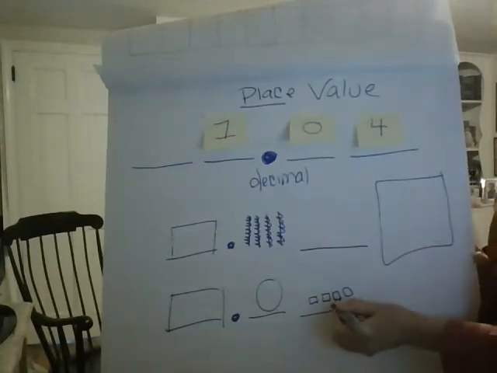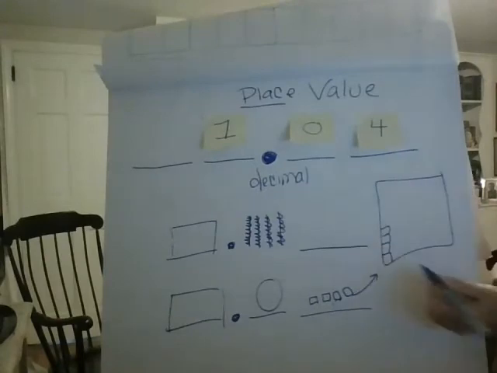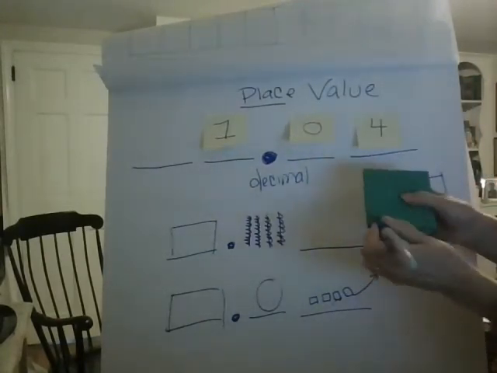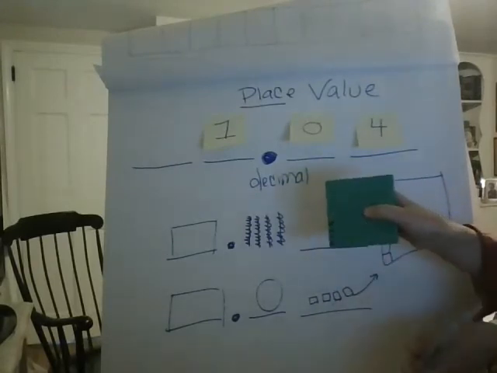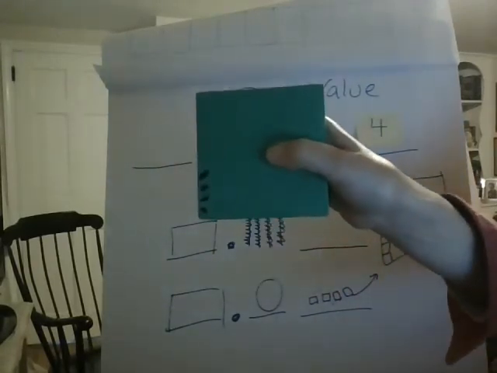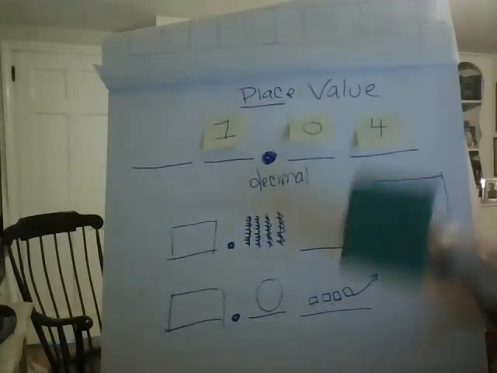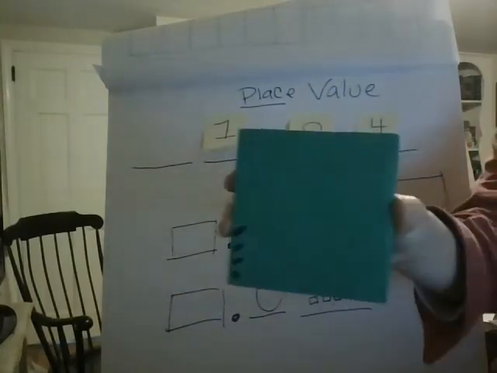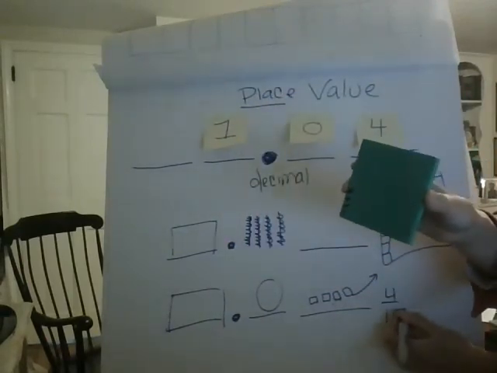When I'm talking about here, I'm talking about 1, 2, 3, 4. 4 hundredths. Because keeping in mind there's 10 tens in here, or 100 pieces. So if I'm shading in 4, I have 4 hundredths.